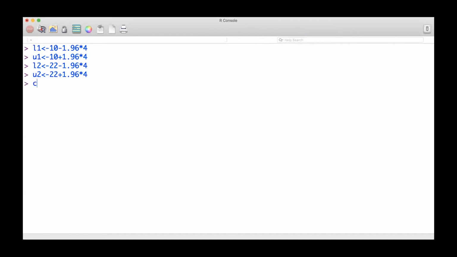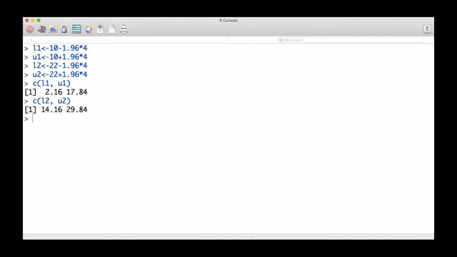Now, if we put together the lower limit of group 1 and its upper limit, we see that the confidence interval ranges from 2.16 to 17.84. For group 2, the confidence limit ranges from 14.16 to 29.84.